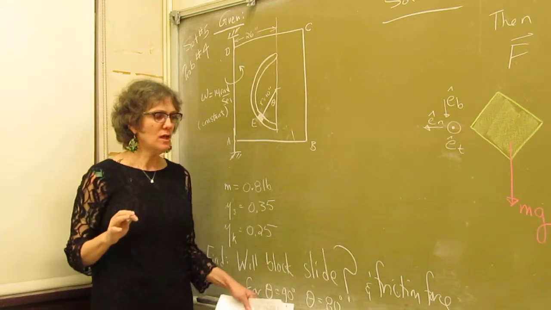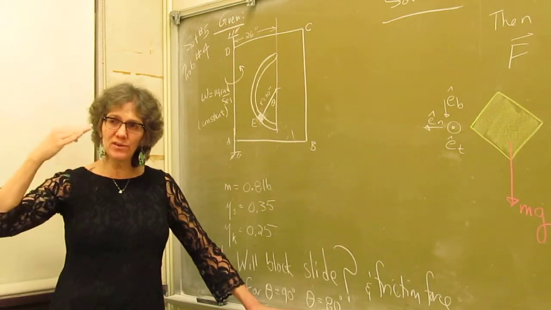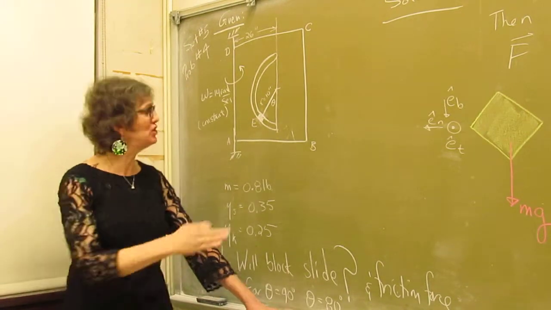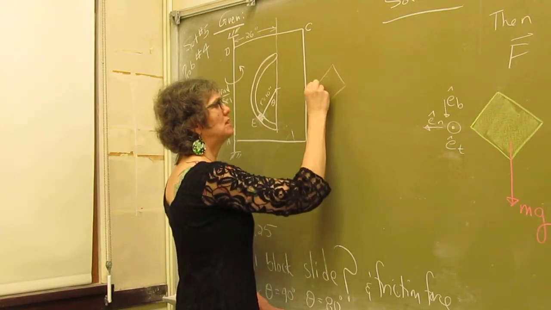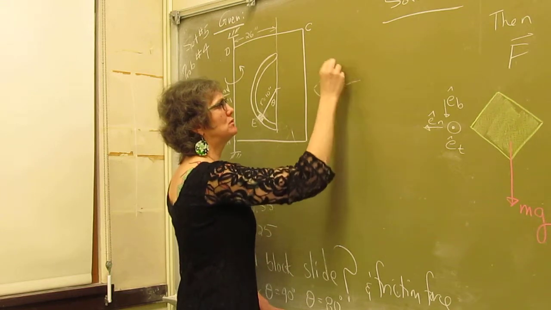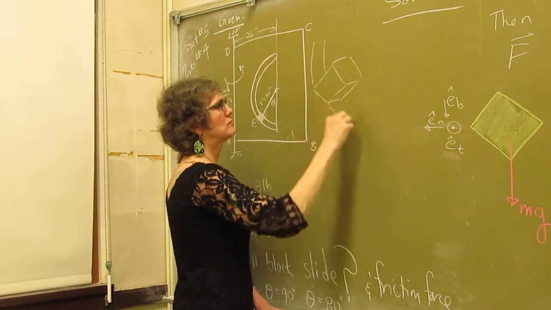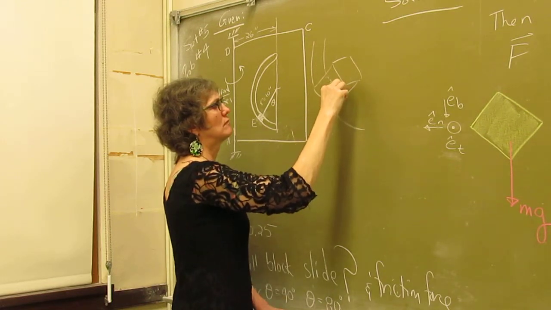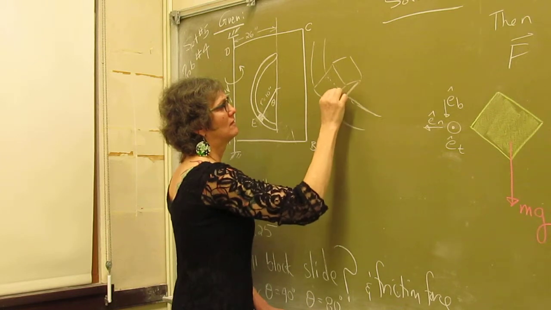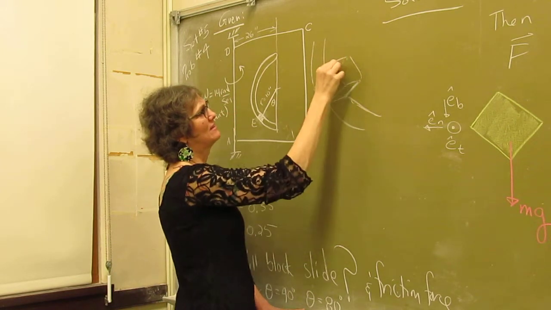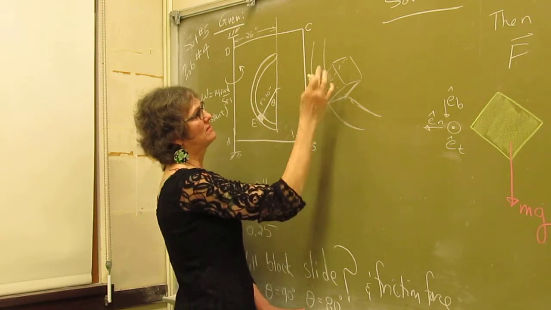Well, okay, first of all, you should always realize that whenever there are surfaces in contact, which there are, I'm going to blow this up a little bit just to make it kind of a three-dimensional picture. So you've got the slot. Sort of like that.